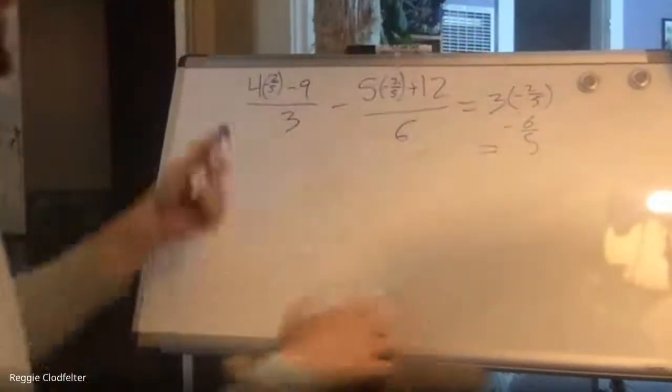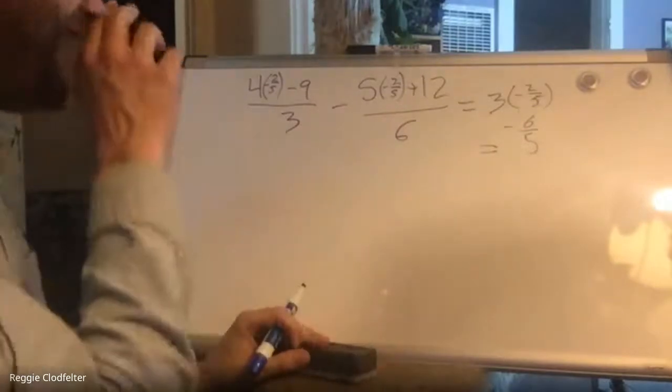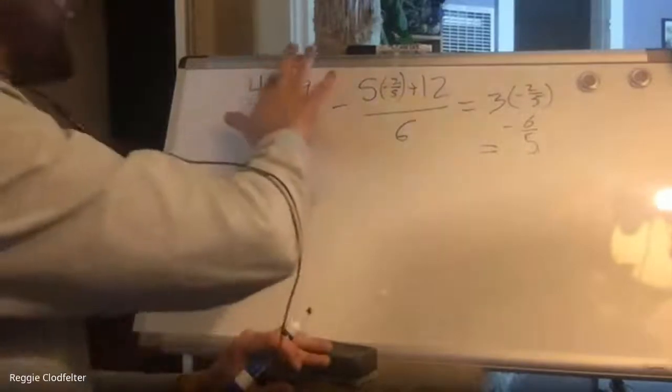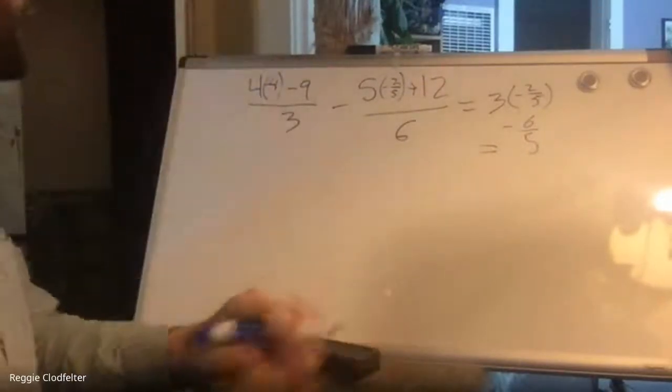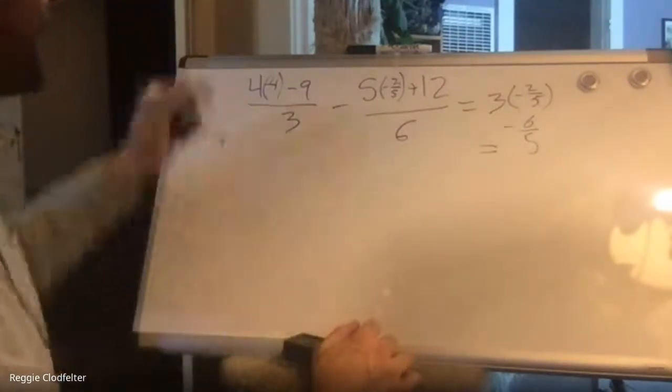Negative 6/5. So 4 times negative 2/5 equals negative 8/5 minus 9. And we can convert it also. We can do it as a decimal if we want. 4 times negative 0.4 equals negative 1.6. Minus 9 is negative 10.6.